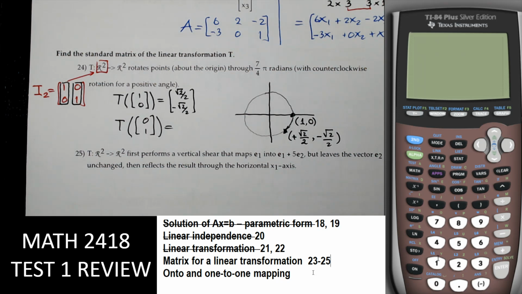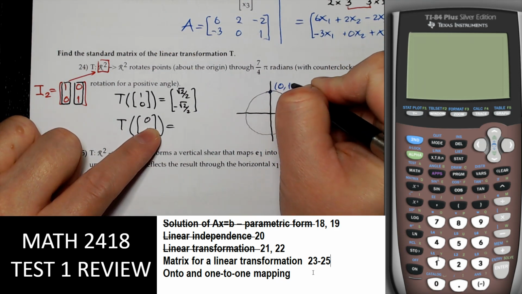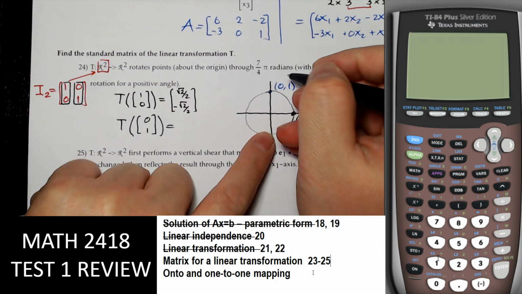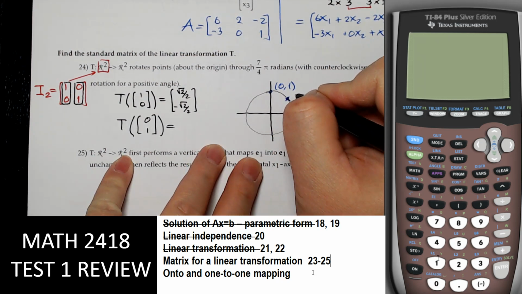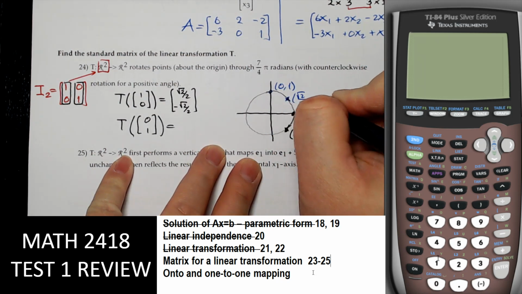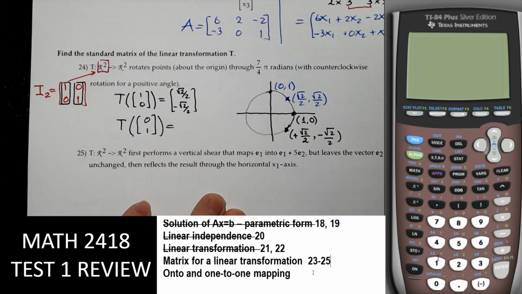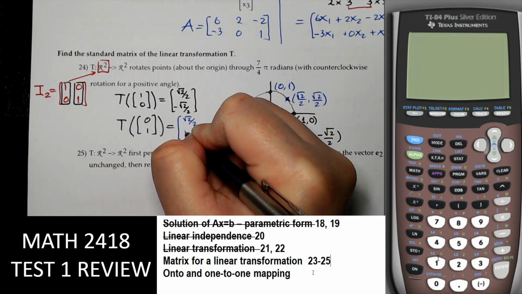Next, if we have this point, which is 0 and 1, we'll rotate 7 pi over 4, so we'll arrive at this point. The coordinate of that is just square root 2 over 2 and square root 2 over 2.